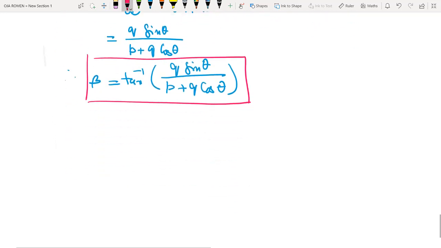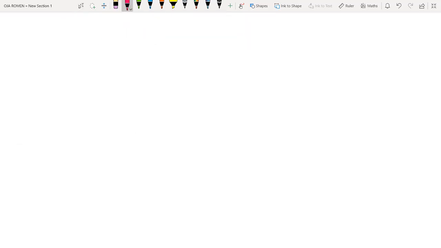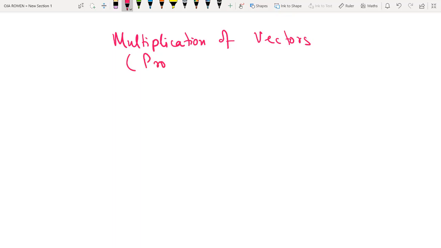Now, the most important thing we require in vector analysis is multiplication of vectors, or product of vectors.